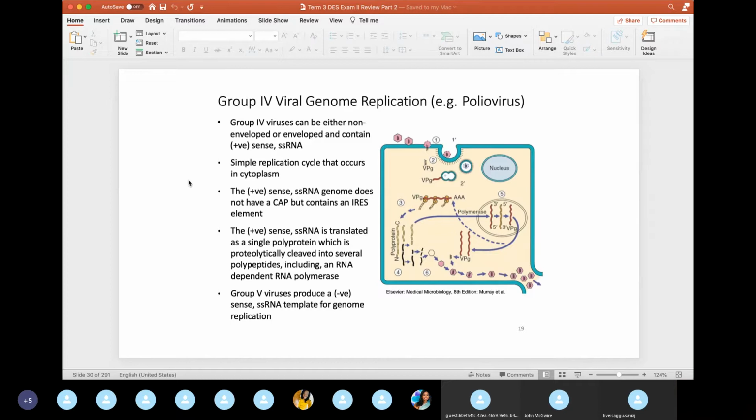This is the most common cause of, what do you call this one, for polio? Before, polio was rampant, but because of the vaccine, it has decreased in the United States for the polio virus. But in the developing world, it's pretty rampant.